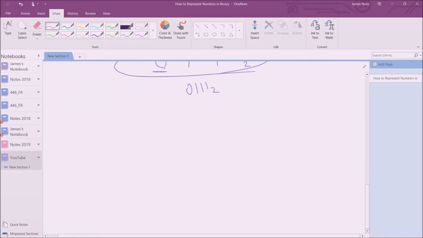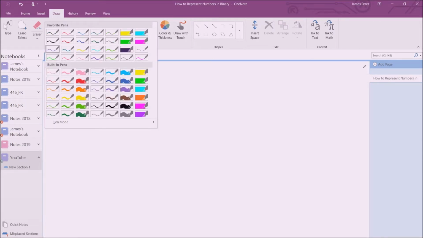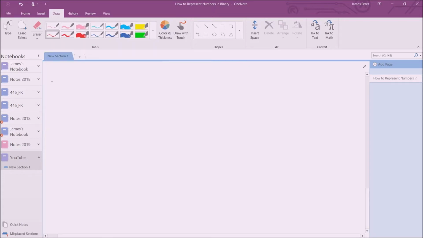So next, what I want to do is represent a binary number as a decimal number. And how do you find that out? Let's say you are given the binary number. Let's do a bigger one.